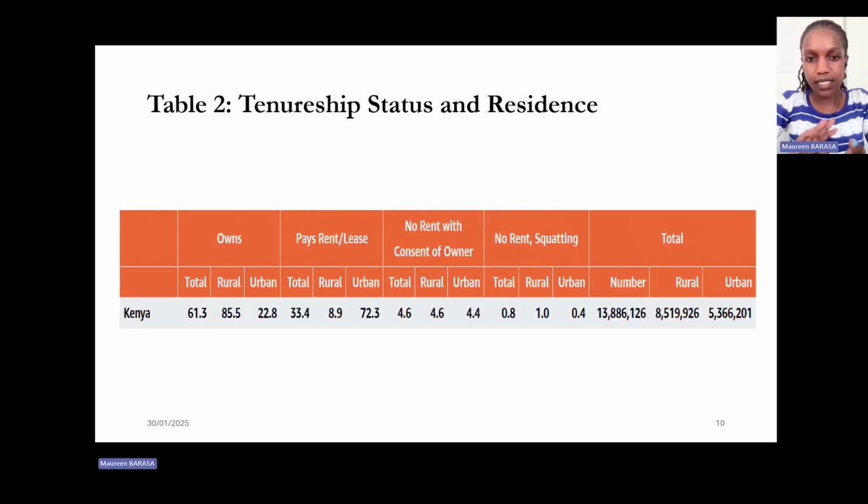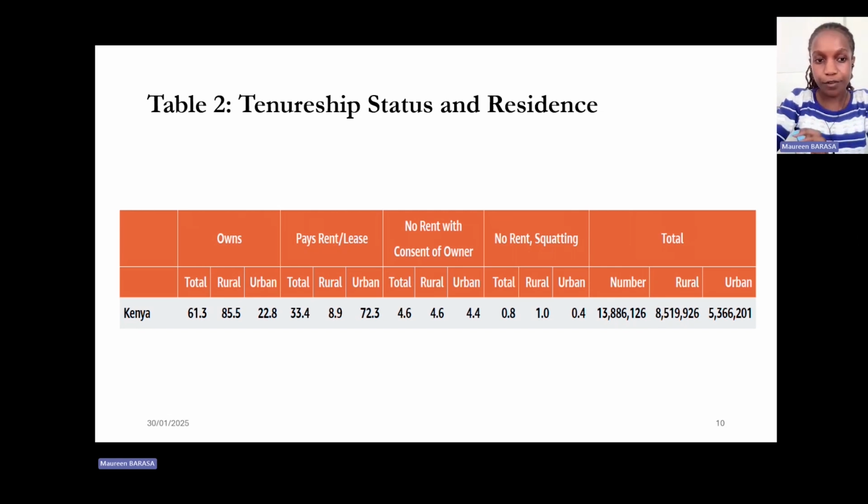Then next is just the tenureship status and residence. For the tenureship status, it shows four forms of tenureship status. We have ownership, paying rent or leasing, no rent with consent of owner, and no rent or squatting.